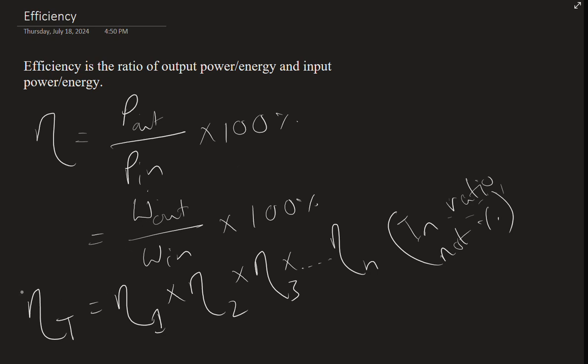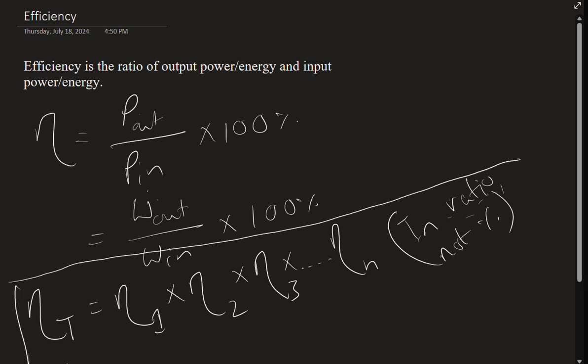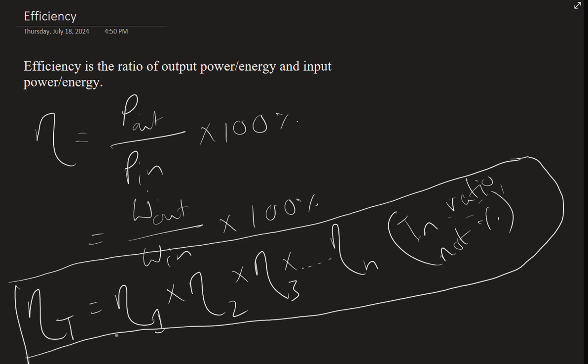This is the formula for cascading efficiency, or the total efficiency of a system that contains multiple machines or motors. To find the total efficiency, we do not add the efficiencies, we multiply them. So efficiency total is equal to efficiency 1 into efficiency 2 into efficiency 3 and so on.